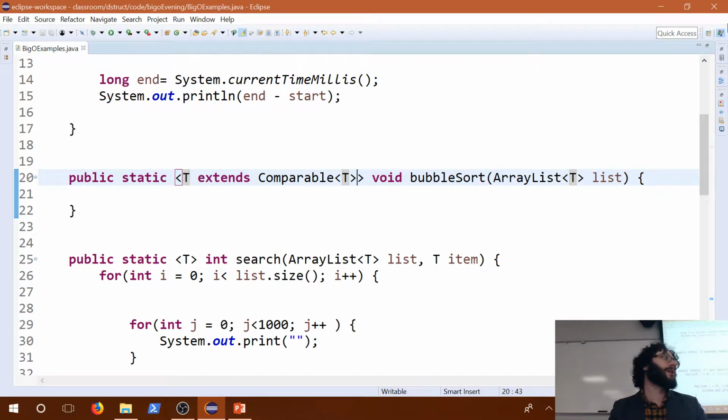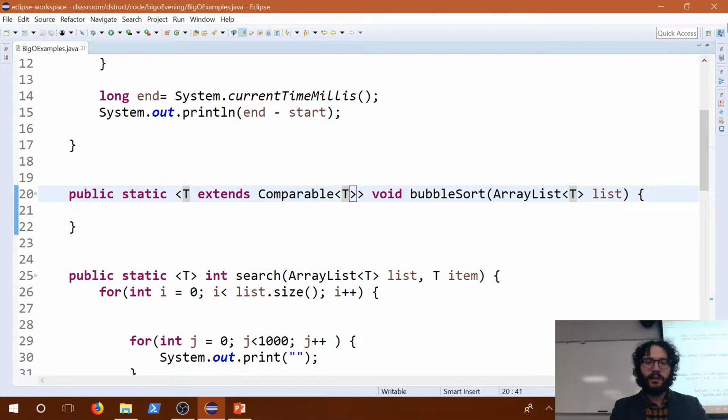Now that begs the question of what the heck is comparable, but I could make this so that it only takes in t's that are subclasses of something else. I could say that this only takes in things that are subclasses of, to use our example from another time, shapes. Remember our shape object from a couple methods ago?